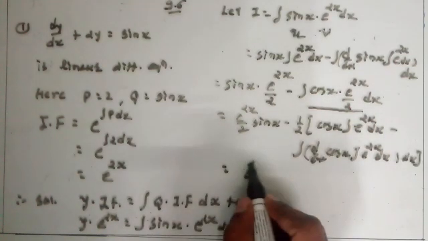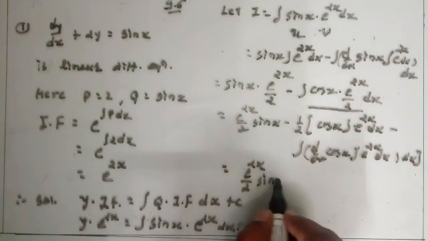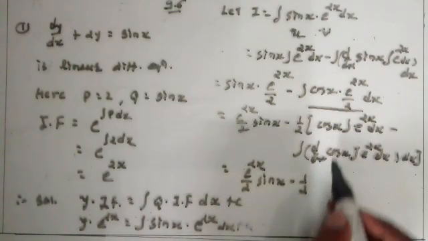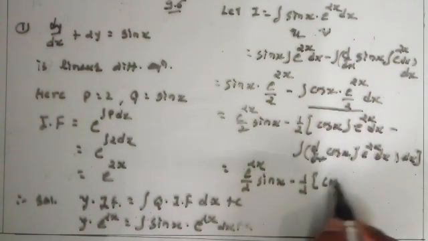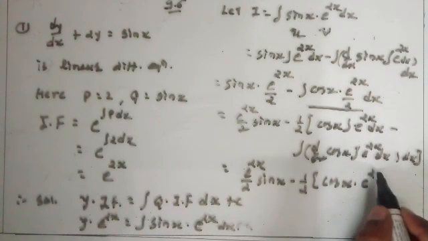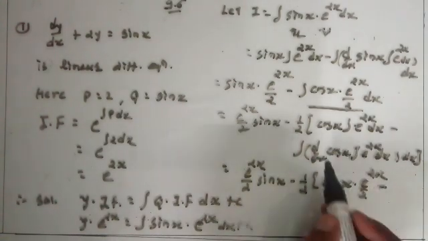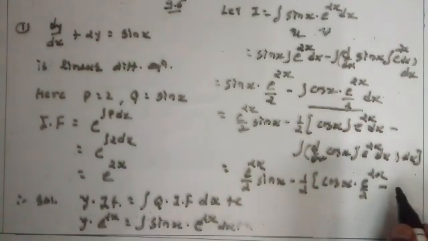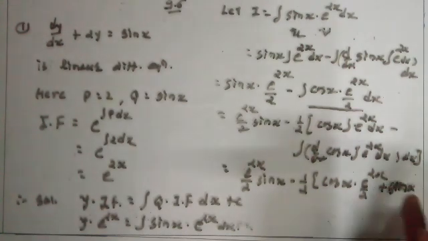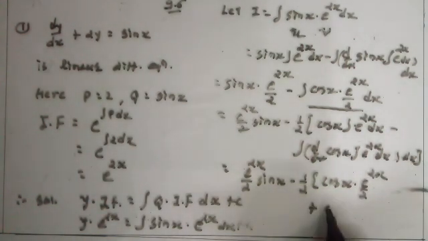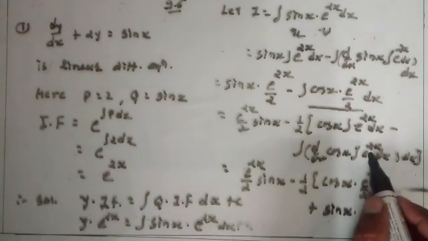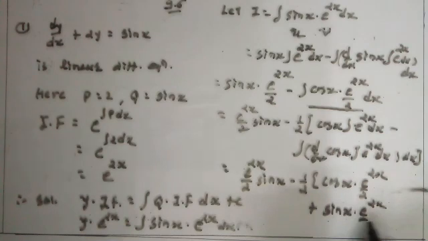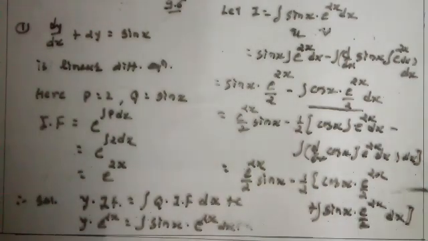So I is equal to e raised to 2x upon 2 into sin x minus 1 by 2 cos x, integration of this is equal to e raised to 2x upon 2, minus the derivative of cos x, which is minus sin x, so minus minus plus, sin x into the integration of this, which is e raised to 2x upon 2, dx. Clear? Now simplify this.